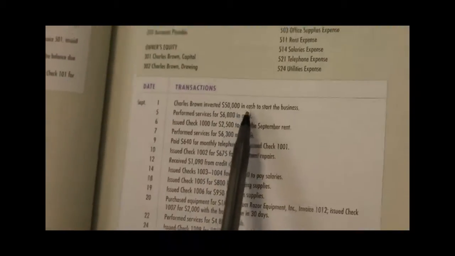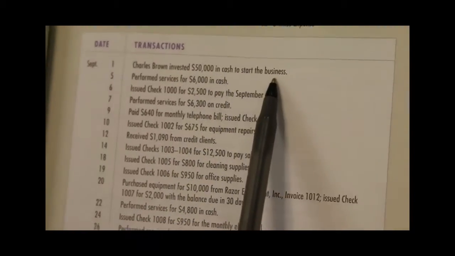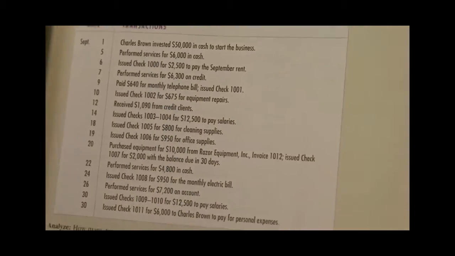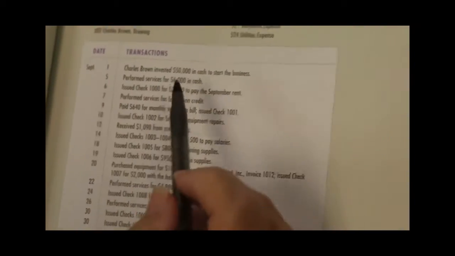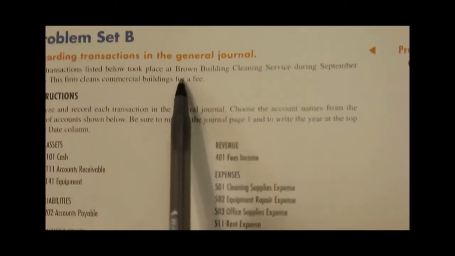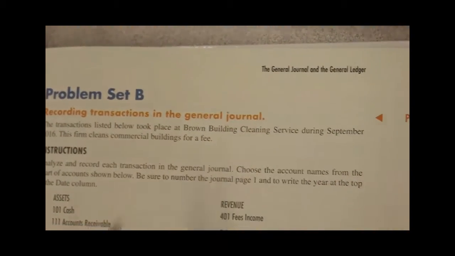All right, so the first transaction is Charles Brown invested $50,000 in cash to start the business. Okay? So Charles Brown took his own money and invested it into his business. Let's see, his business is called Brown Building Cleaning Service.